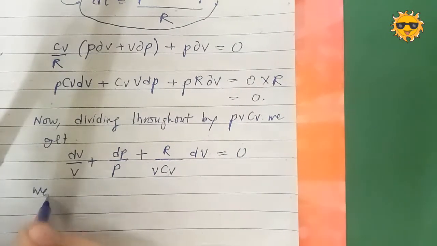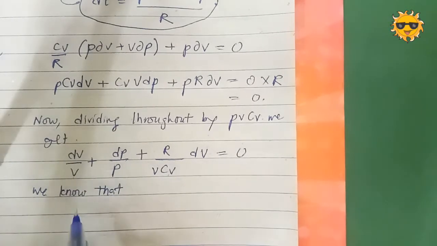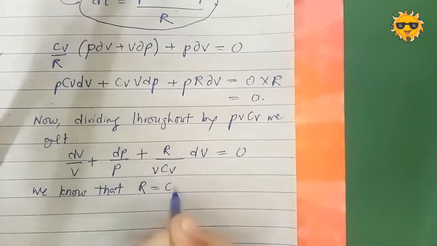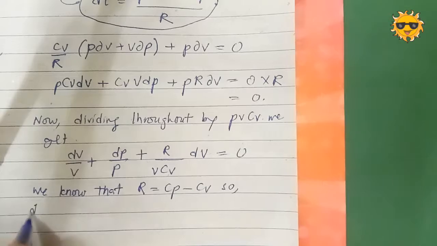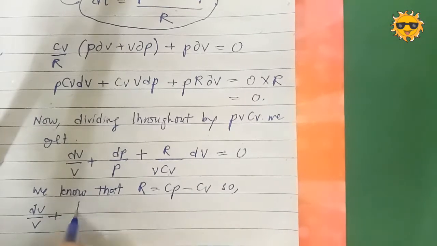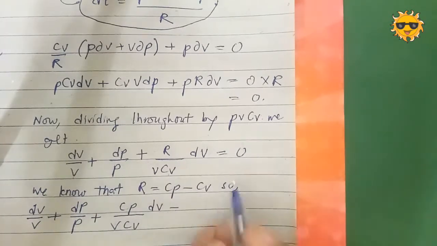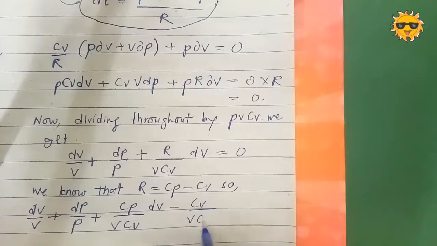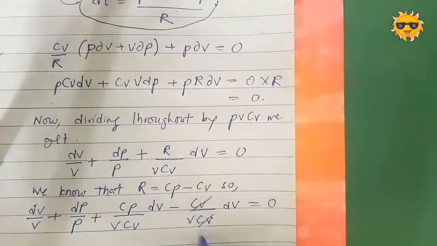Now we know that R equals Cp minus Cv, so dV by V plus dP by P plus Cp minus Cv divided by Cv times dV by V. Cv and Cv cancel.